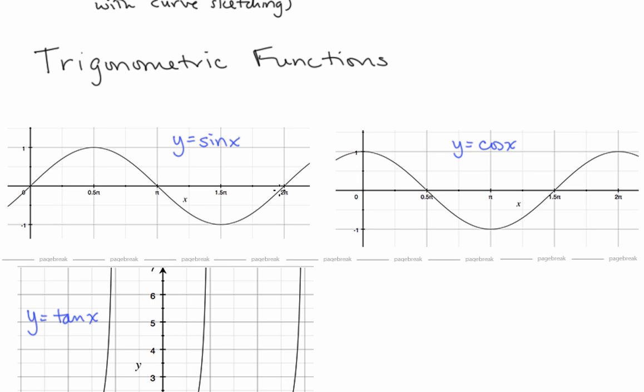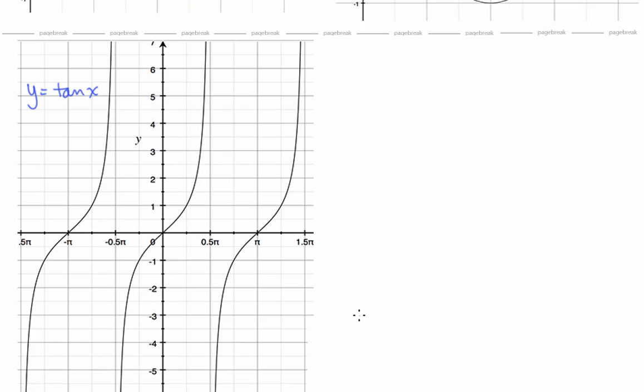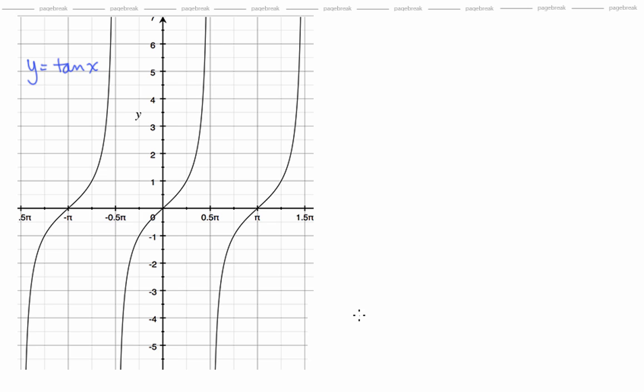So it's very important not just to know the shape, but to know that at pi over 2, the sine value is 1. At pi, the value is 0. At 3 pi over 2, the value is -1. At 2 pi, it's 0. So not only are you expected to know the shape of the curve, but you should be able to graph it in detail. Same thing with cosine x and with tangent x. So please make yourself very familiar with these graphs.